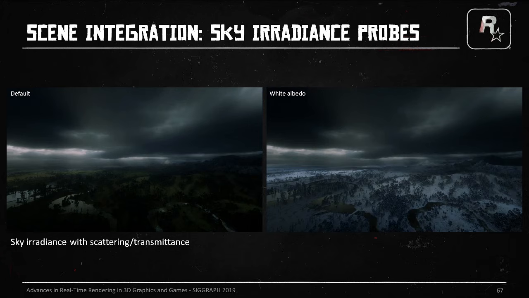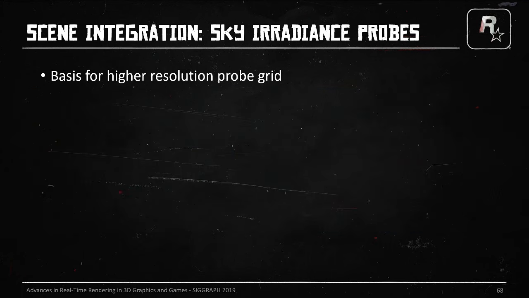So we now get contact hardening shadows where the terrain is high and close to the cloud layer and on the right side, as well as bright patches of light breaking through the cloud layer where the density gets thin. And this is how it looks with directional light on top. The sky radiance probe maps also base the original coefficients term for our higher resolution probe grid, which we use for our indirect light.